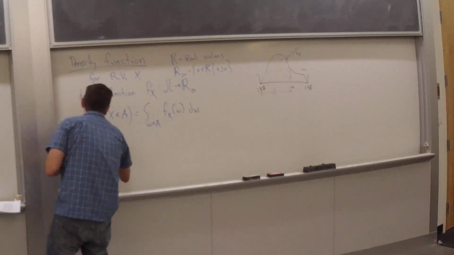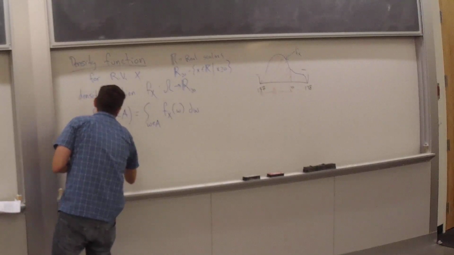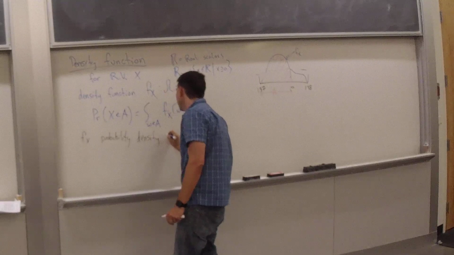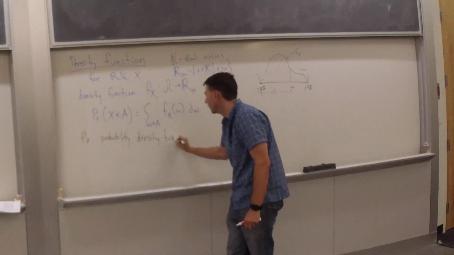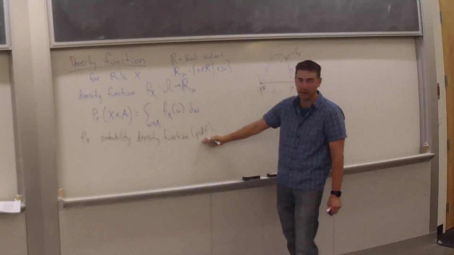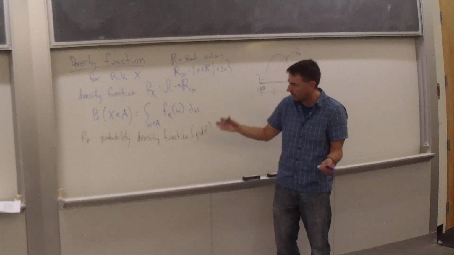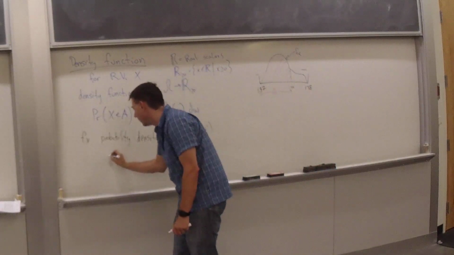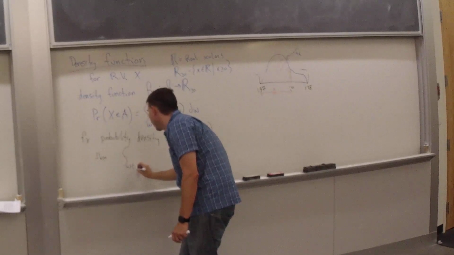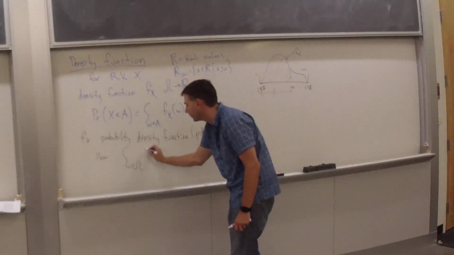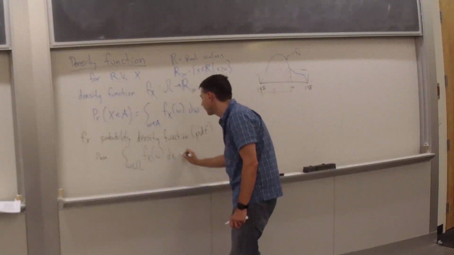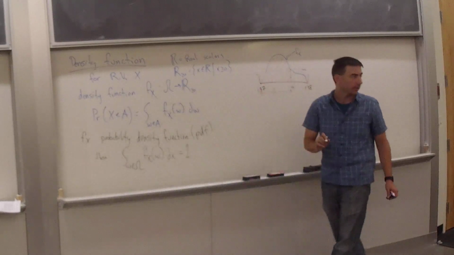If f is a probability density function, which we'll usually just call a PDF, not the document type, then if I integrate f of x dx over the entire sample space, this has to equal 1.